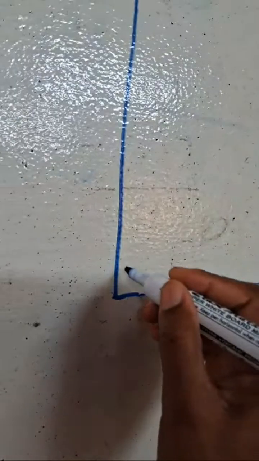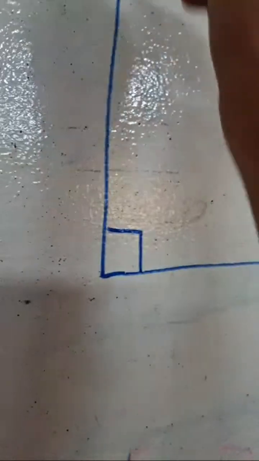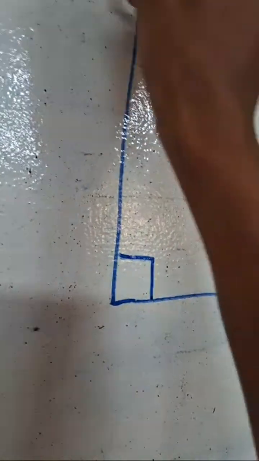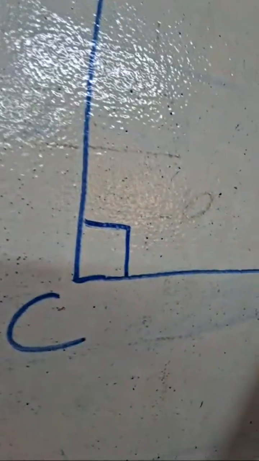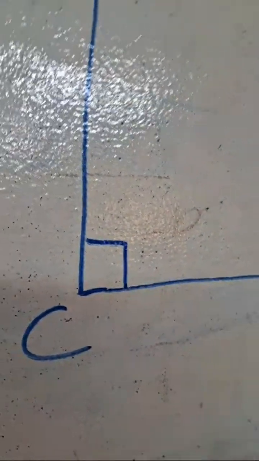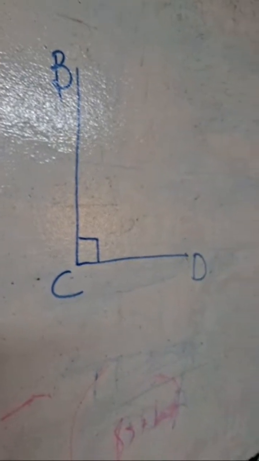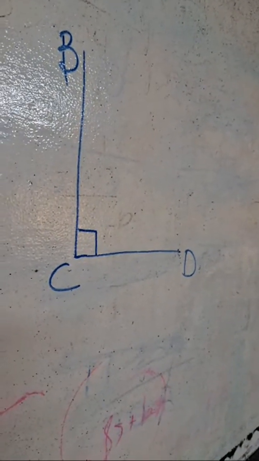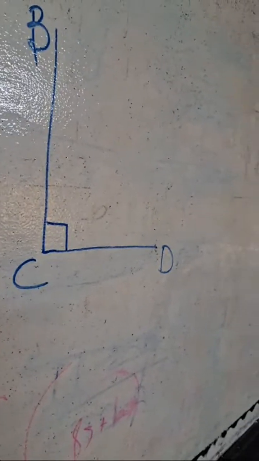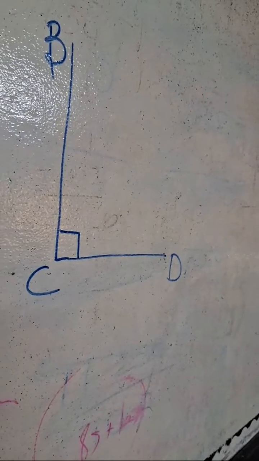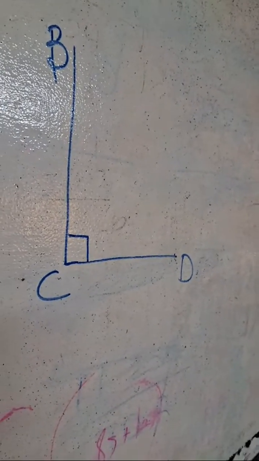Alright, so this is the shape that we have, and we use capital letters to label. So here we have the first one on the board. So what diagram is this? It's a right angle.